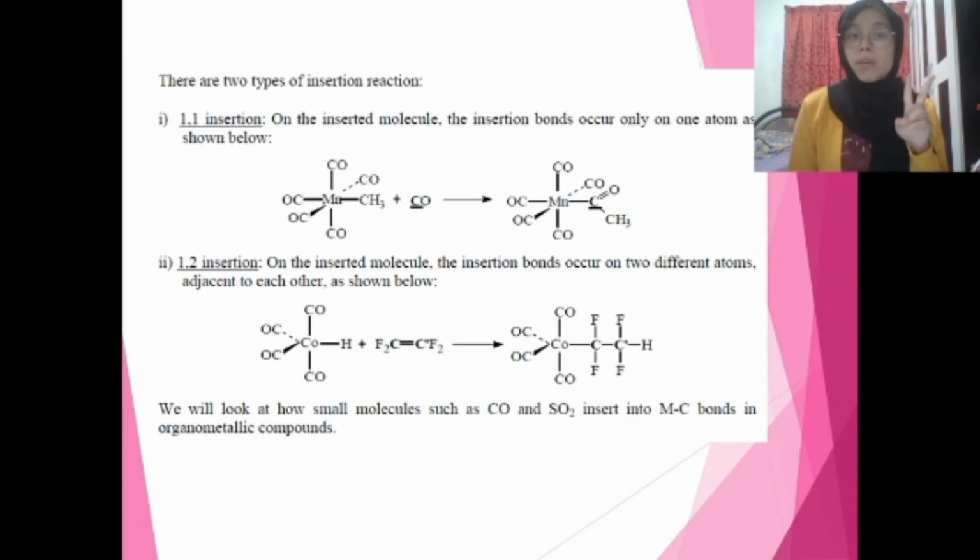Basically, there are two types of insertion reaction. The first is insertion where the bond occurs on only one atom. The second is insertion where the bond occurs between two different atoms. As you can see from the example given in the slideshow, the Mn metal is bonded to five carbonyls and CH3, which will be added with another carbonyl.